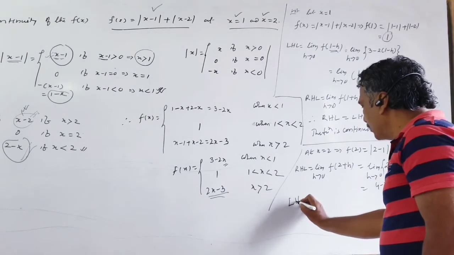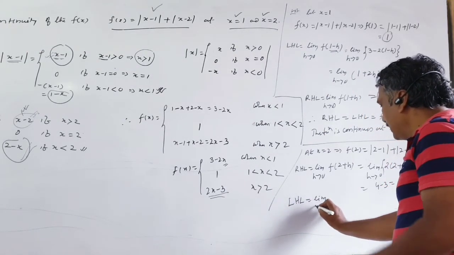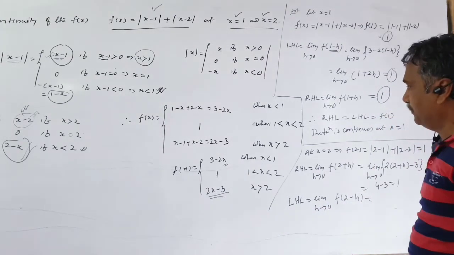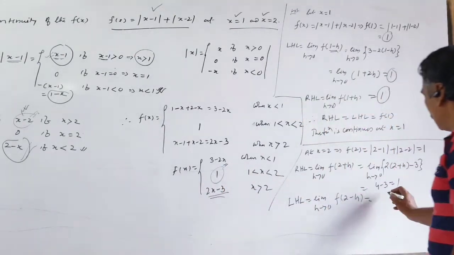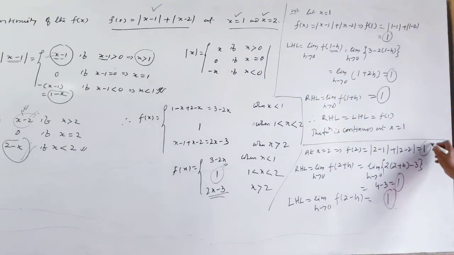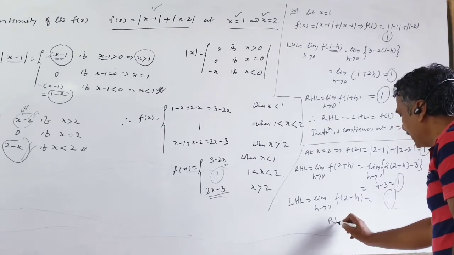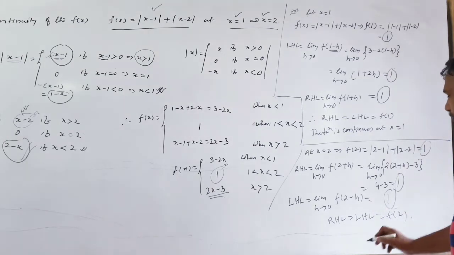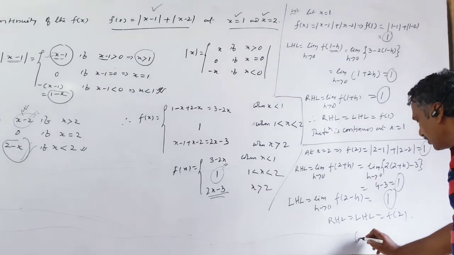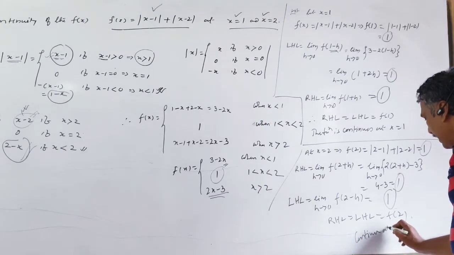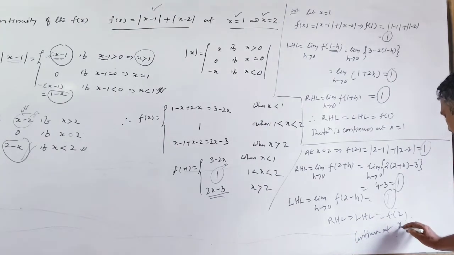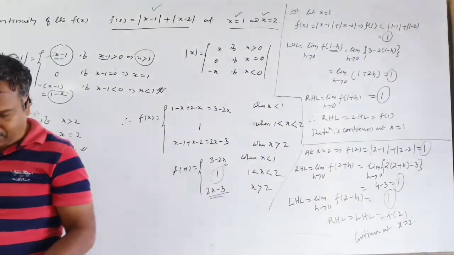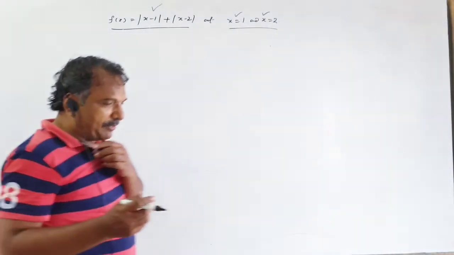Now left hand limit equal to limit h tends to 0, 2 minus h, less than 2. Now this one, less than 2, equal to 1. So here 1, here 1, here 1. So right hand limit equal to left hand limit equal to f of 2. So the function is continuous at x equal to how much? Is 2.